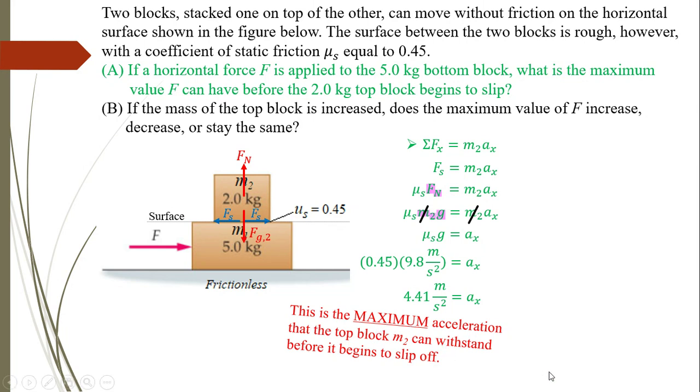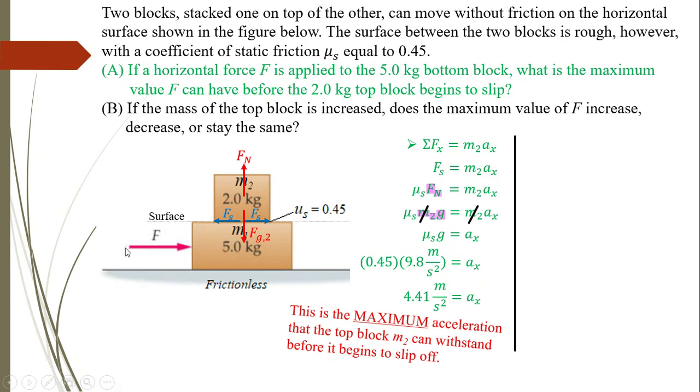Okay. So now that we know the acceleration, we can find the net or the applied force on the bottom block. According to this diagram, you're pushing the bottom block, but really you're pushing the whole system, because it's assumed that M2 is going to go with M1 since it uses the phrase static coefficient.